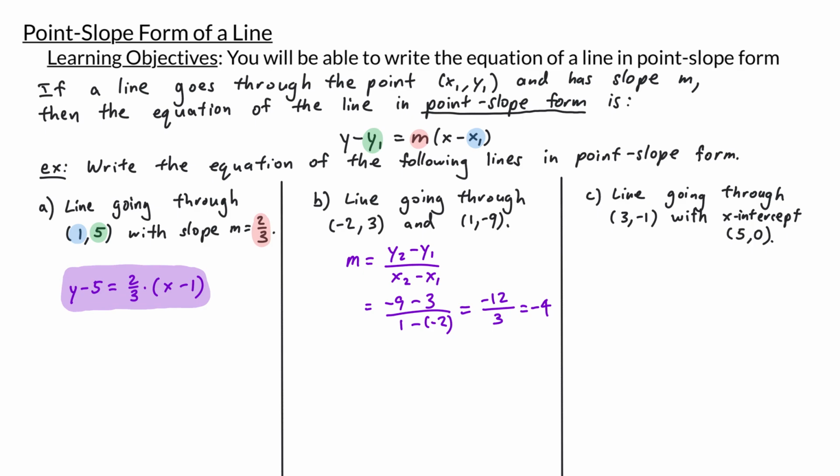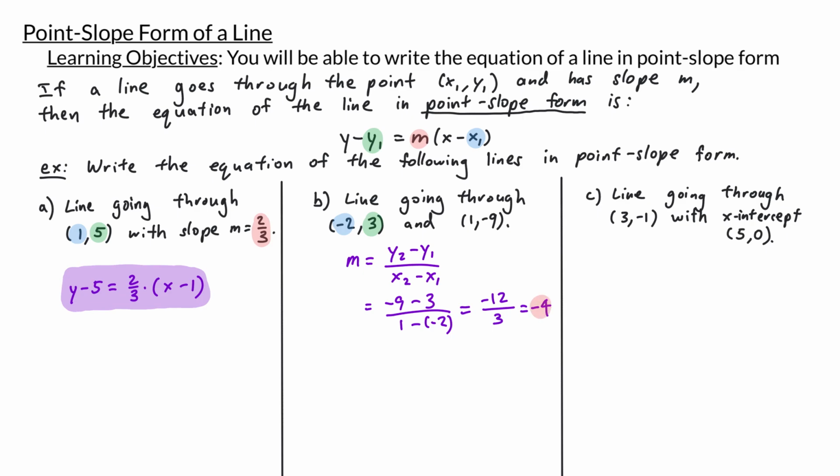Remember, we need a point and a slope. For our point, we can use either of our points, (-2, 3) or (1, -9). Either one will be fine. Our slope will be using m equals -4. So here for x1 we'll be plugging in -2, for y1 we'll be plugging in 3, and then for the slope we'll plug in -4.